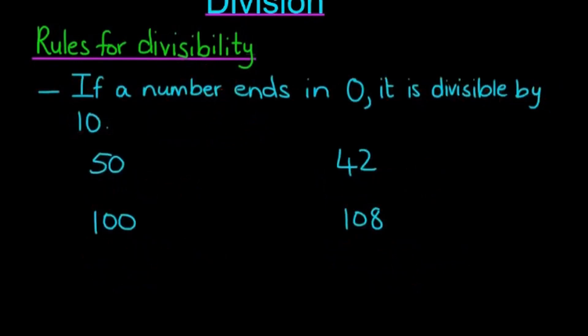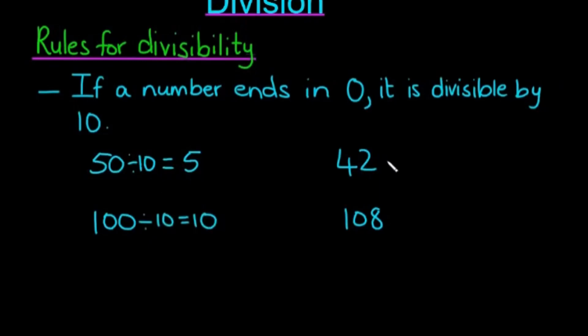Our last rule of divisibility states that if a number ends in 0, it is divisible by 10. So if I go ahead and divide 50 by 10, because it ends in a 0, I'm going to get a whole number answer of 5. As well as if I go ahead and divide 100 by 10, I'm going to get the whole number answer of 10.